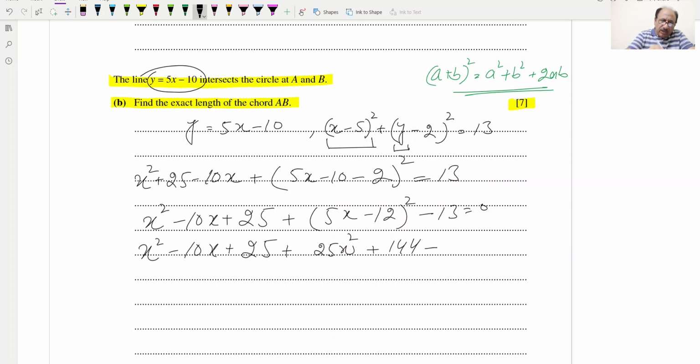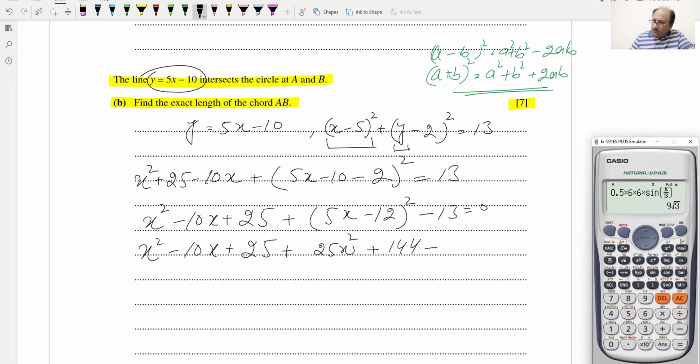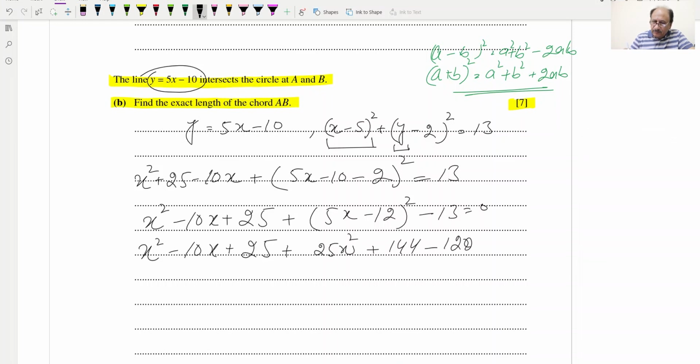Basically for minus, the formula is (a minus b) squared is equal to a squared plus b squared minus 2ab. So we will write minus 2ab, so 24 into 5 will be 120, so we can write 120x, and minus 13 is equal to 0.